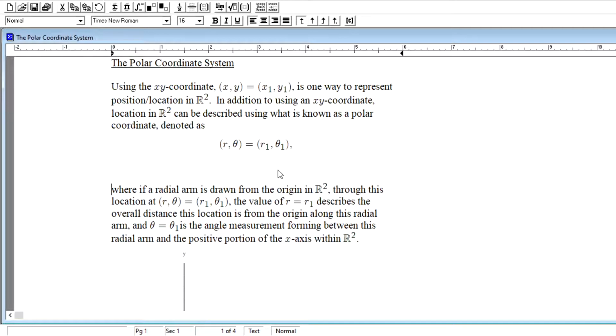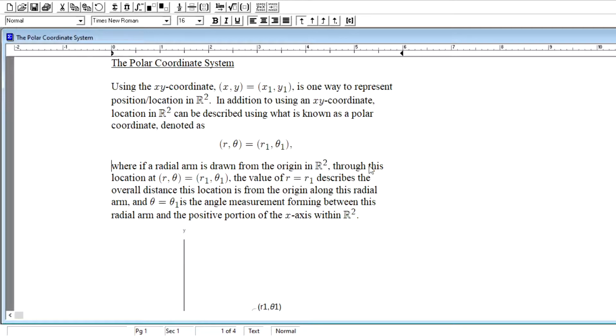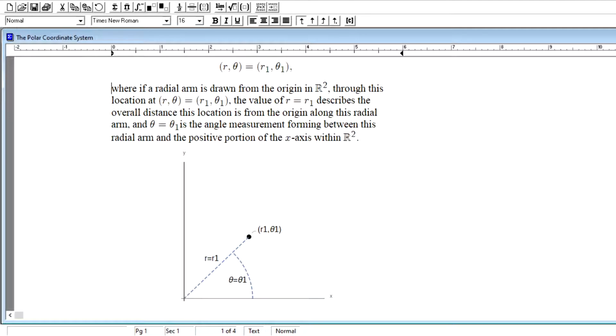Well, think about this location in this two-dimensional system being highlighted right here, which we will now denote as the polar coordinate r comma theta equal to r1 comma theta 1.